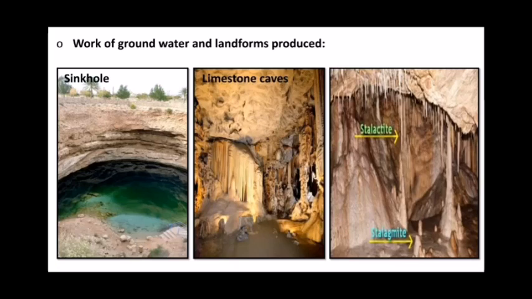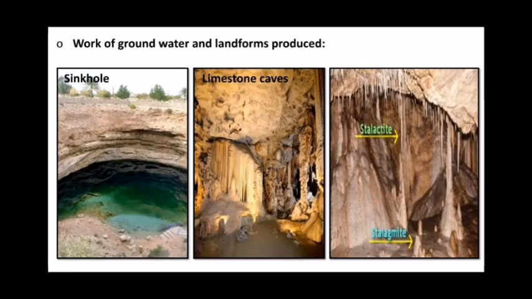This is the erosional work of the groundwater. If there is any mineral present in the rocks which gets dissolved in water, this groundwater makes the minerals present in the rock erode. So this type of process is called the erosion of minerals due to groundwater.